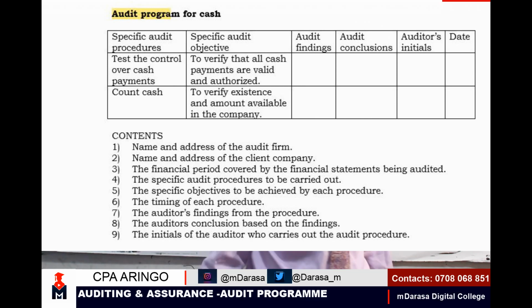So basically, that is what we should always have in terms of the content of the audit program.